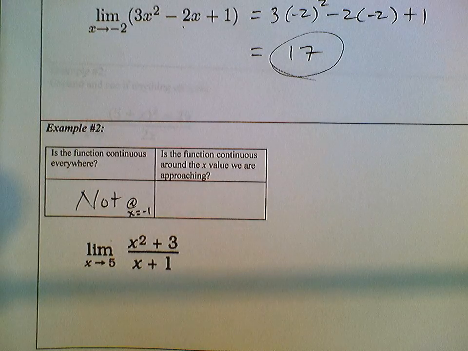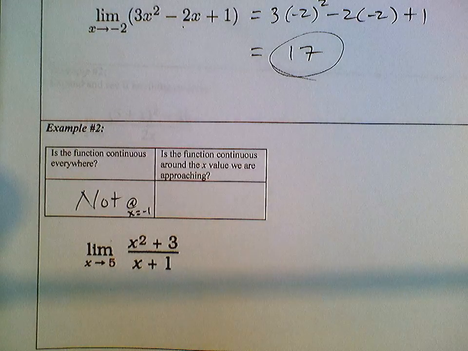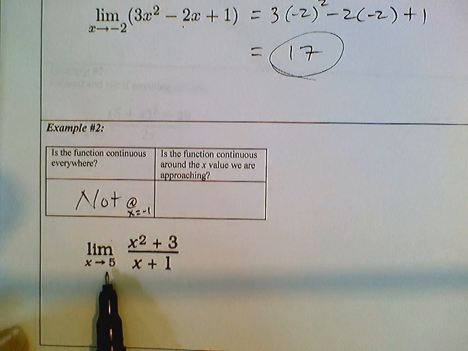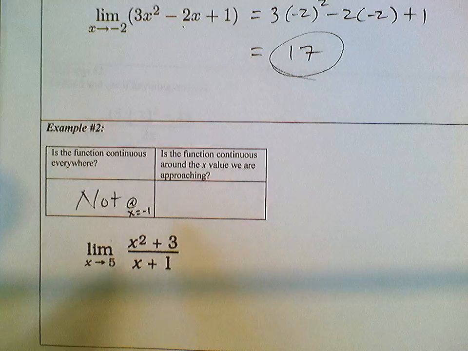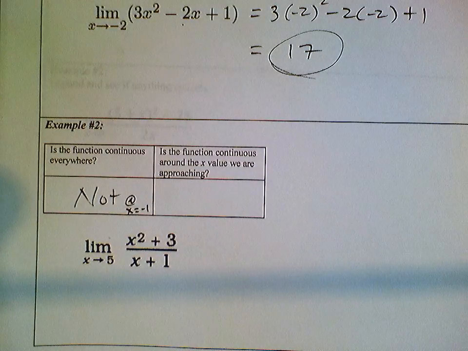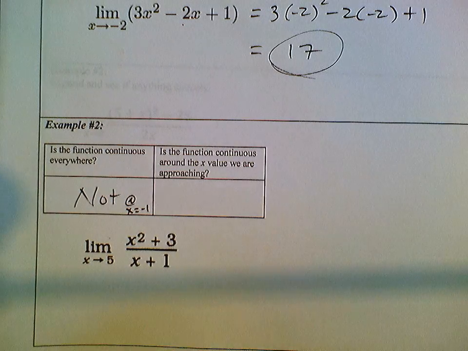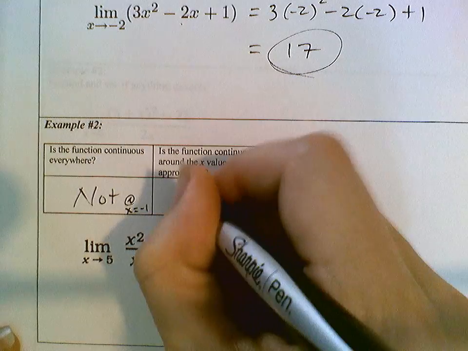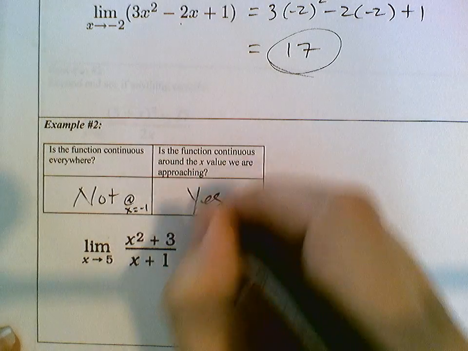Second question, though, is the function continuous around the x value we are approaching? We're approaching 5. Guys, 5 is, relatively speaking, pretty far from -1 if you consider all the infinite numbers that are between 5 and -1 on the number line. So, is the function continuous around the x value we're approaching? Yes, it is. All right?